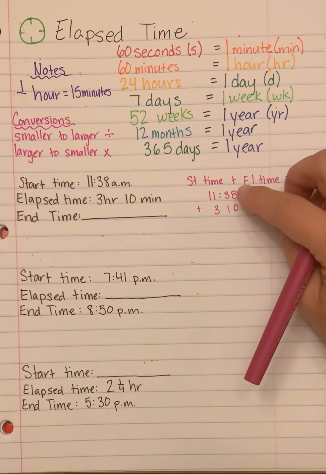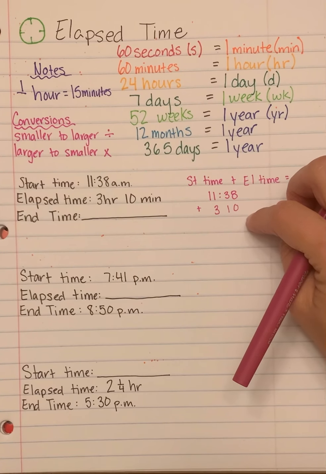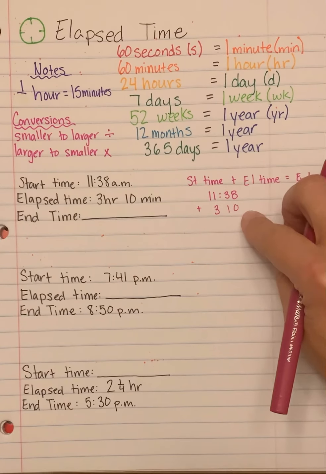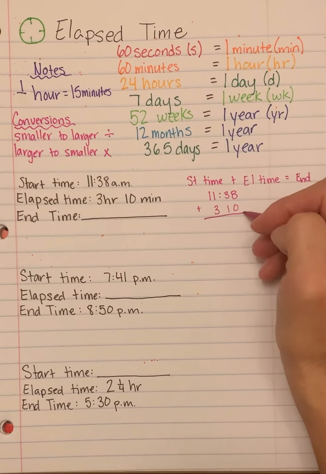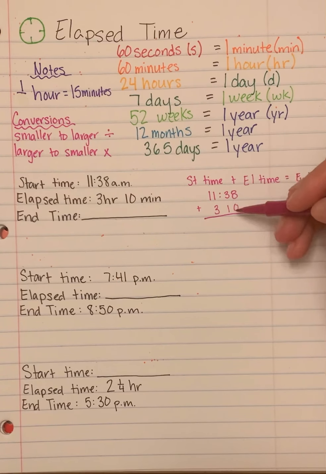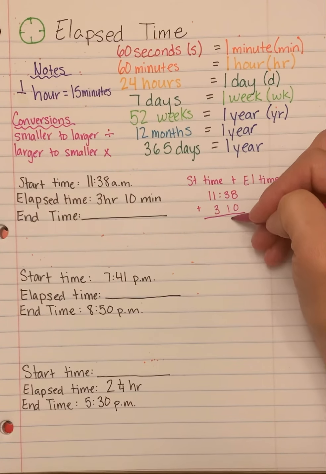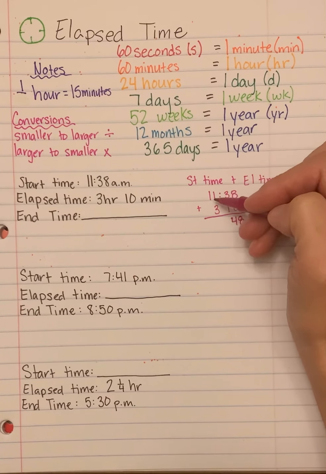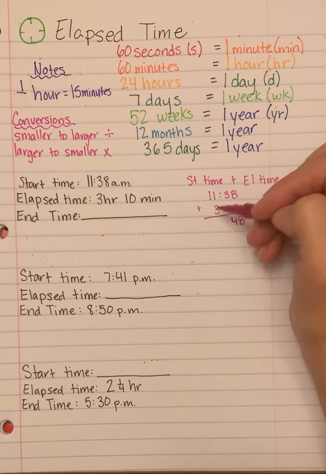We're not saying 11:38 plus 3 o'clock plus 10 minutes. We're doing 3 hours and 10 minutes. So I'm going to leave them separately. I'm not going to put the colon. So now what I'm going to do is add 10 minutes to my 38, and I get 48. And then I'm going to add 3 hours to this 11.